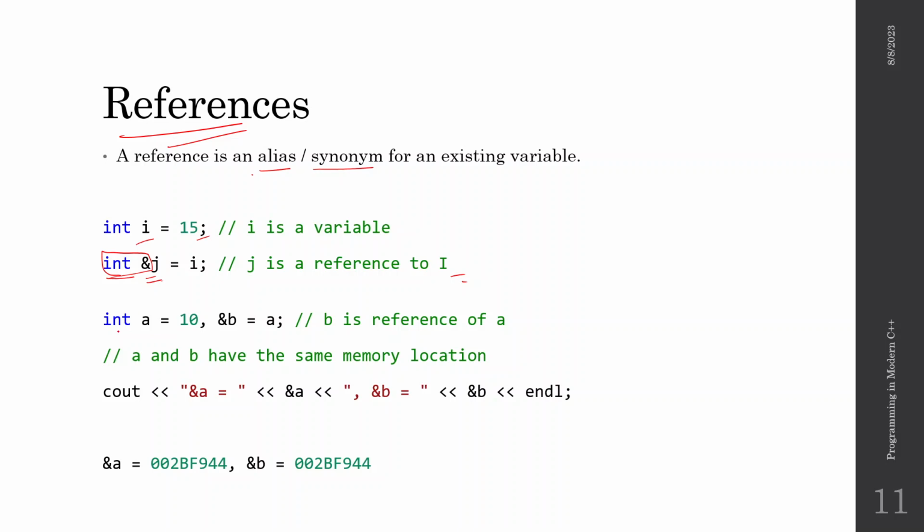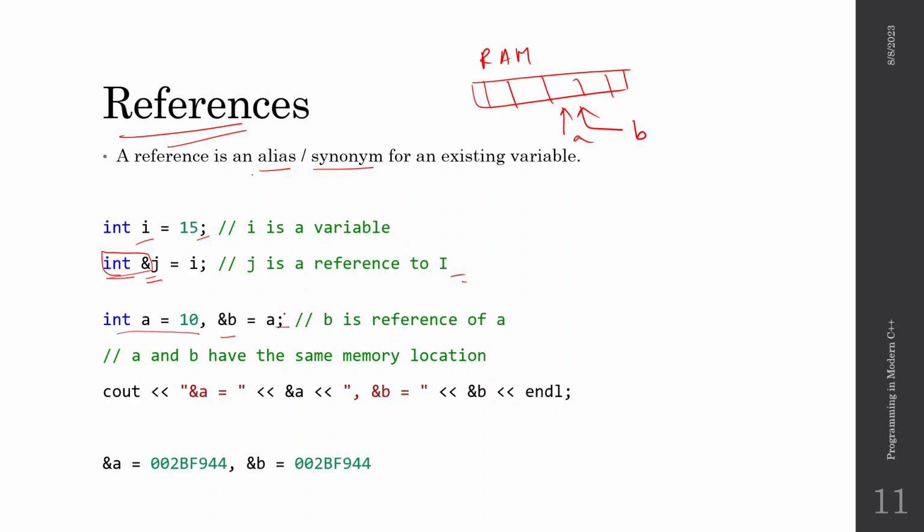Next, suppose we have something like int a equal to 10 and then int ampersand b equal to a. It means that b is a reference of a. A reference also means that a and b have the same memory location. So again, let me draw a RAM. The variable a and the variable b point to the same location.